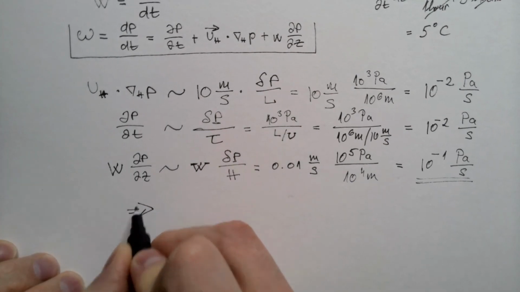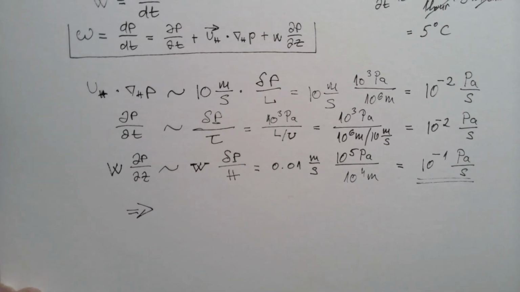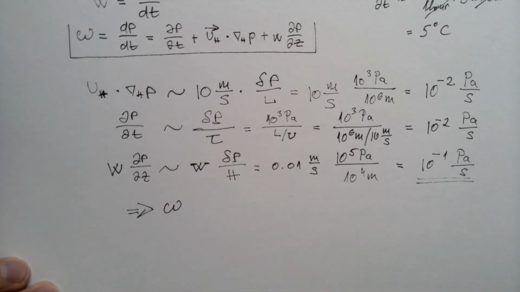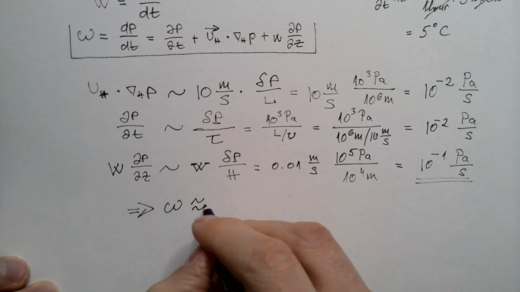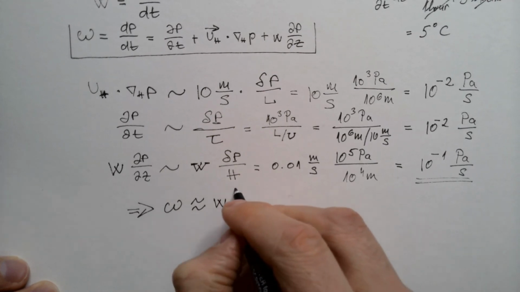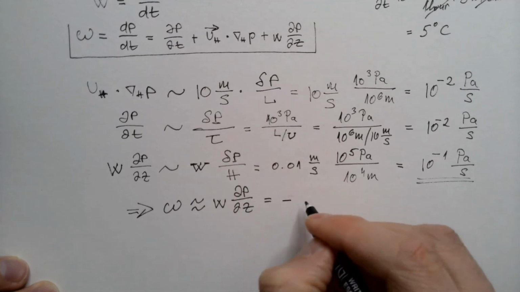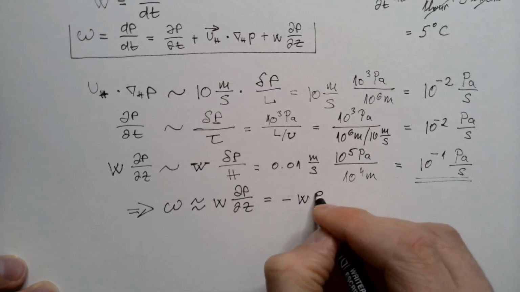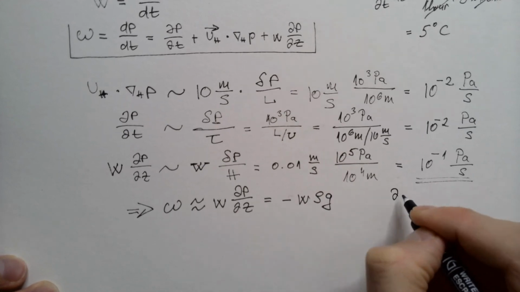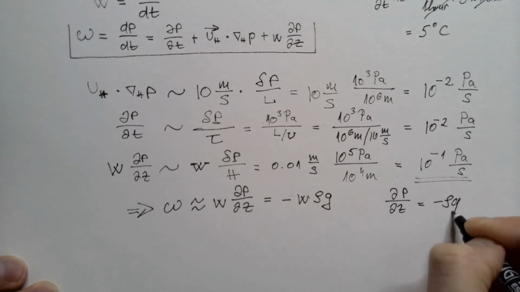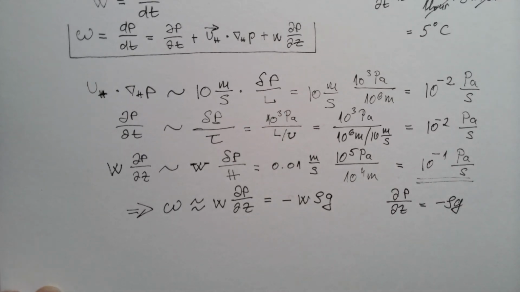So if we accept this argument that follows from scaling, then clearly we can see that omega is approximately equal to W delta P delta Z, and that is equal to minus W rho g, where I use the fact that delta P delta Z is minus rho g, and that is the hydrostatic approximation that holds excellently in mid-latitudes.